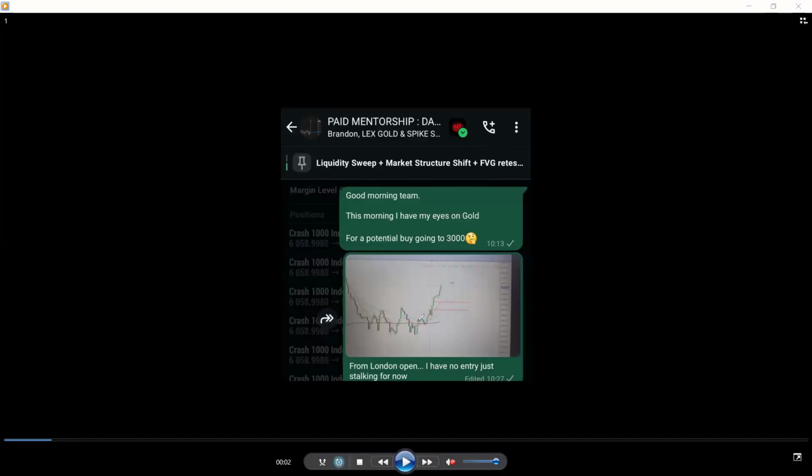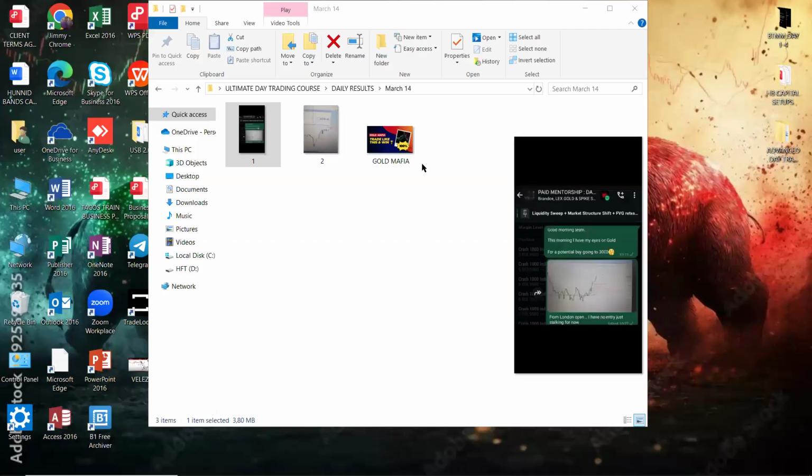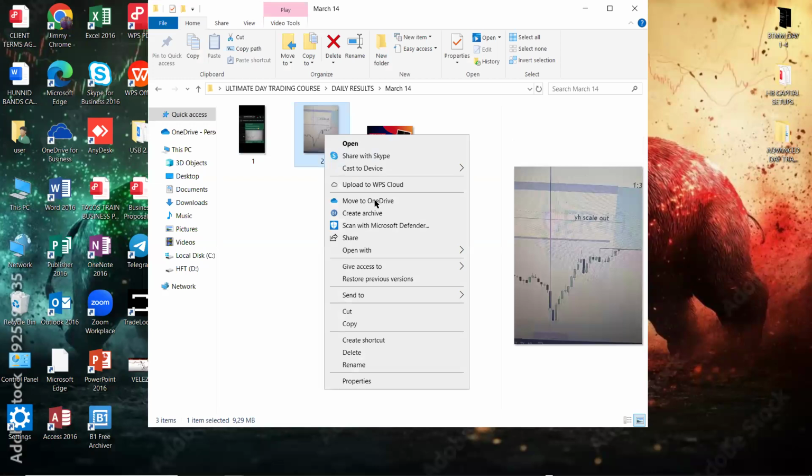So from London Open, I had no entry, just like I explained, and I was stalking. Once I start stalking, the next time frame I go on is the M3, and I start looking for entry candles, right? So this was my view.